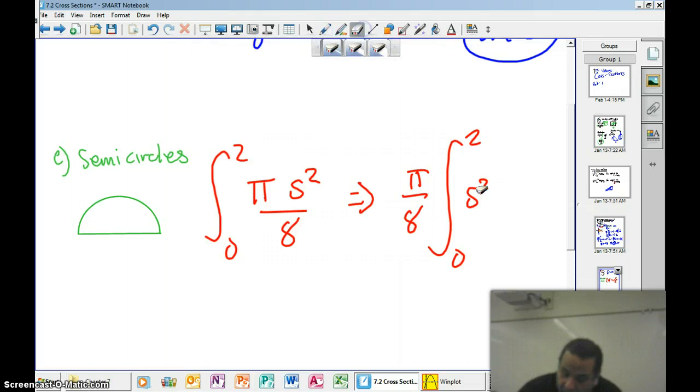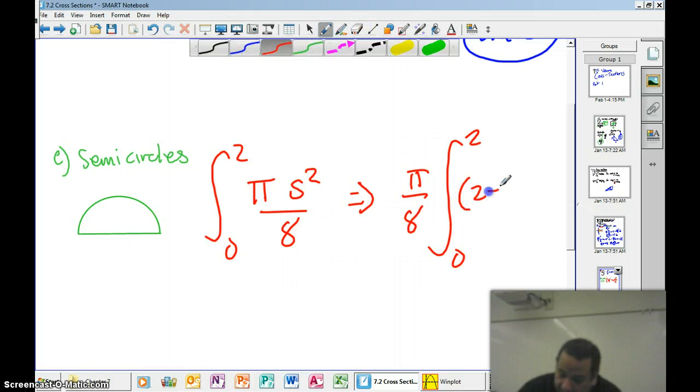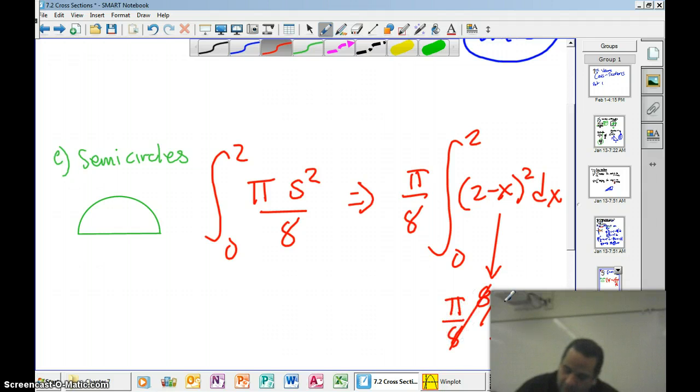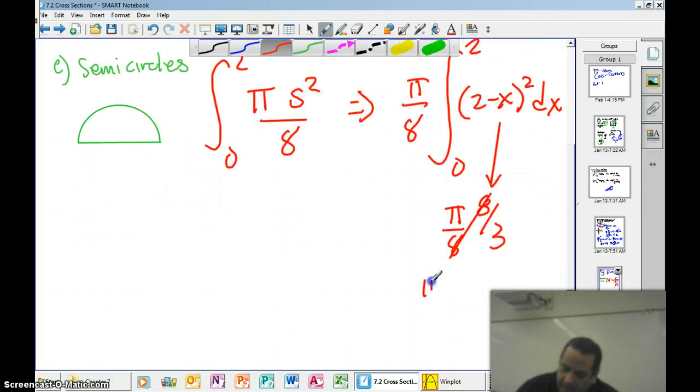Well, that s squared is just that 2 minus x, quantity squared, dx. I know this is 8/3 from the last slide, where I did the integration. And now times pi over 8, your answer turns out to be pi over 3 cubic units.